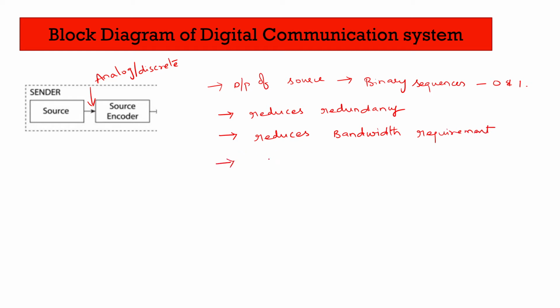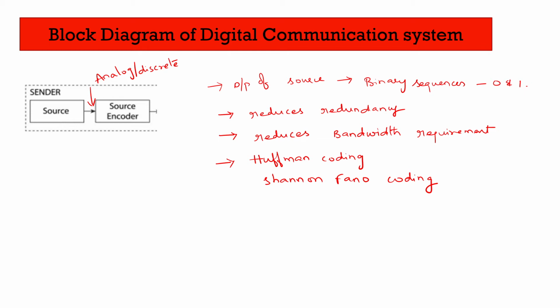And the popular coding techniques used for reducing the redundancy, or used as the source encoding, are Huffman coding or Shannon-Fano coding. So what is the function of the source encoder?